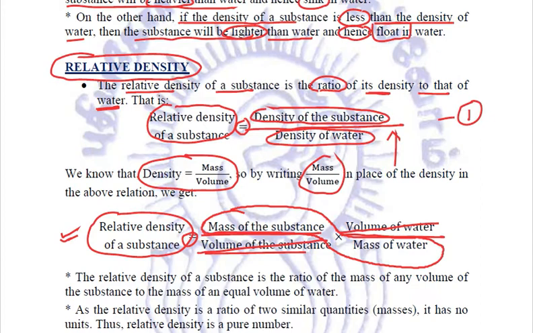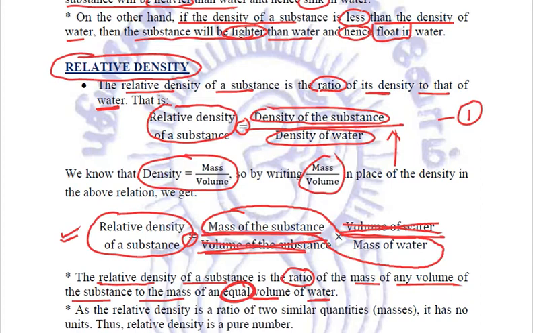So we can say that the relative density of a substance is the ratio of the mass of any volume of the substance to the mass of an equal volume of water. The volume of the substance and the volume of water need to be equal so that they can be cancelled out.